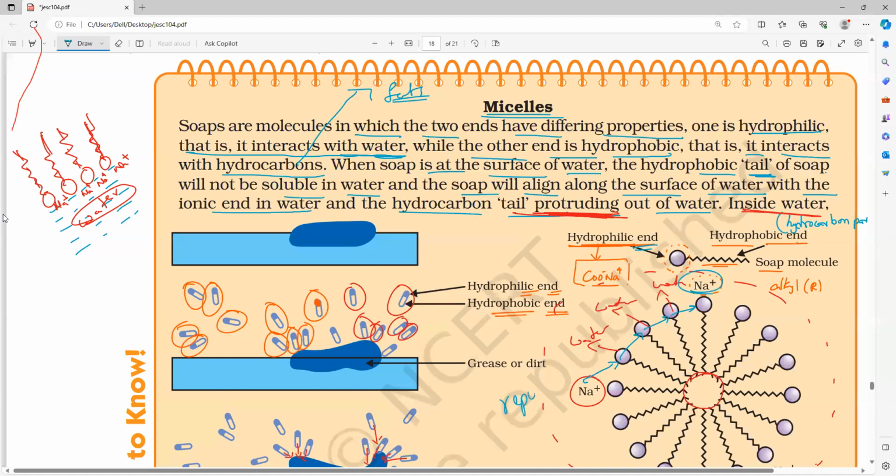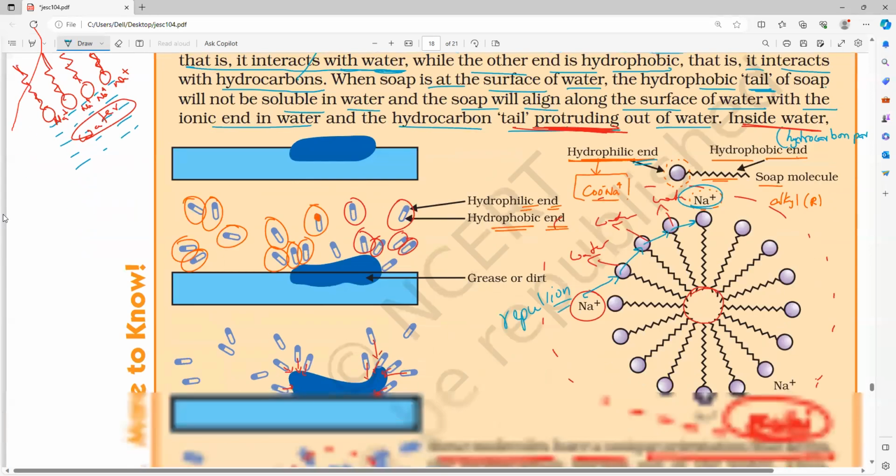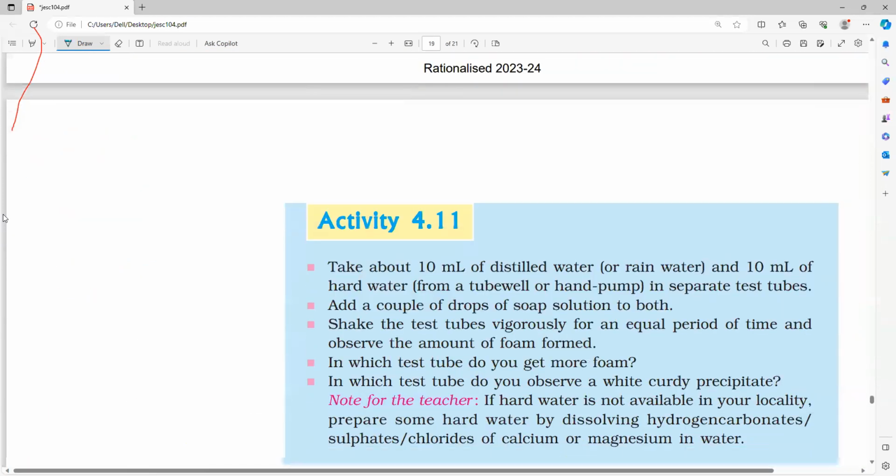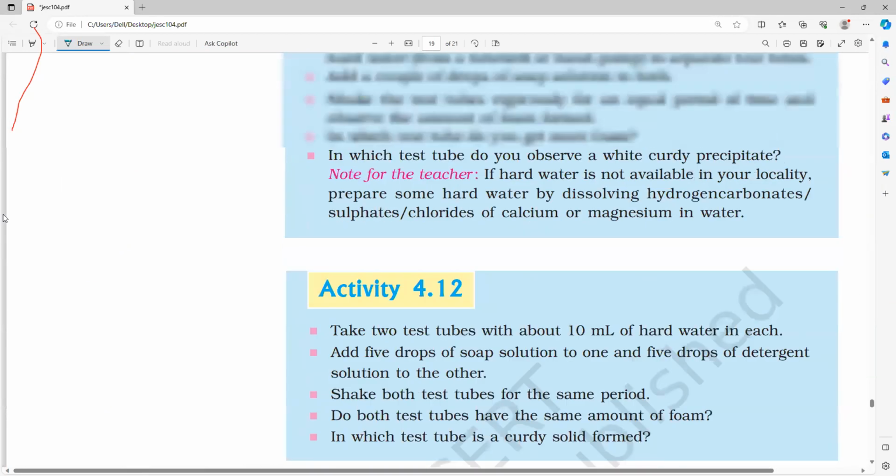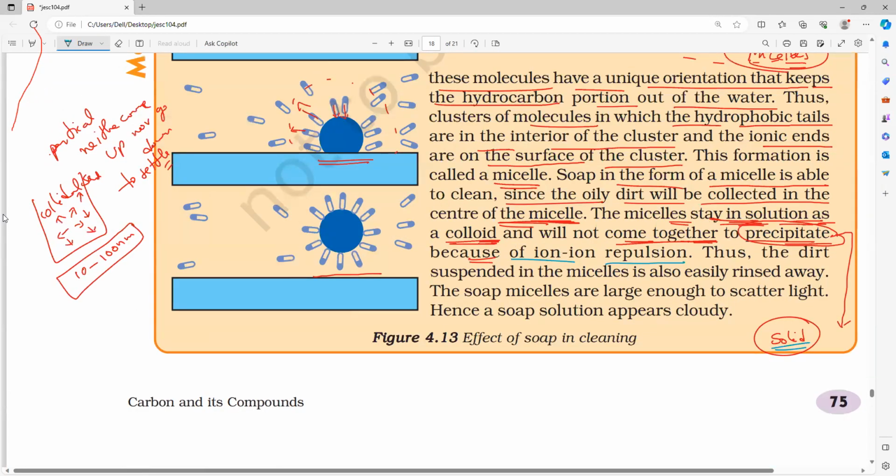So the same charge will cause what, attraction or repulsion? They will cause repulsion to each other. That is why they will never come together to form a precipitate. Very, very important question: micelles always stay in a solution as a colloid because of ion-ion repulsion. They will never come together, because the same charge always causes repulsion.